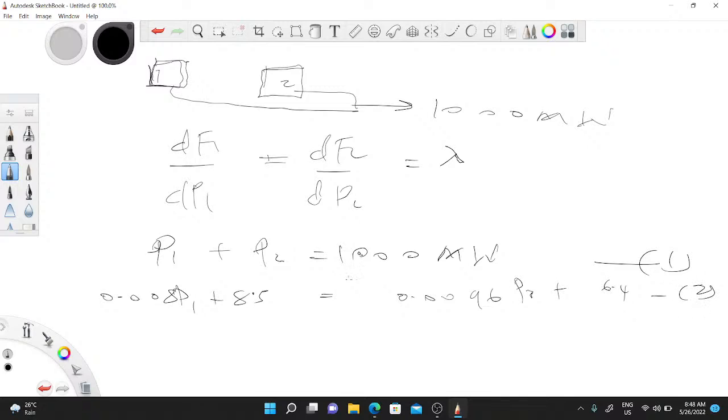Equation 2. So you have two equations and two unknowns. You solve, punch in your calculator.